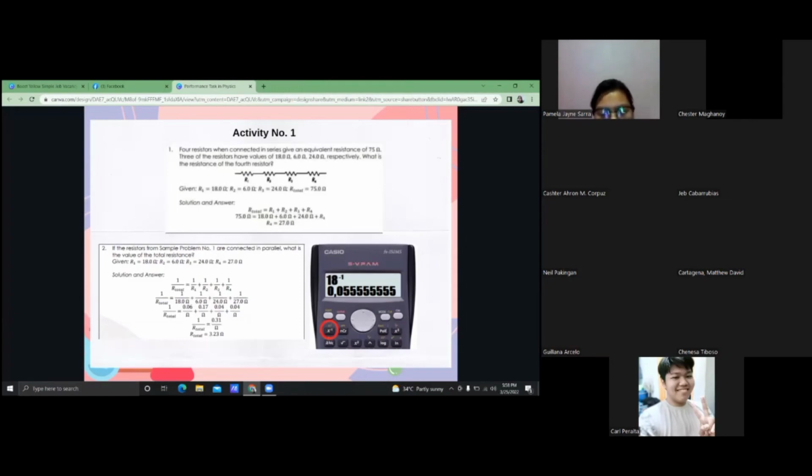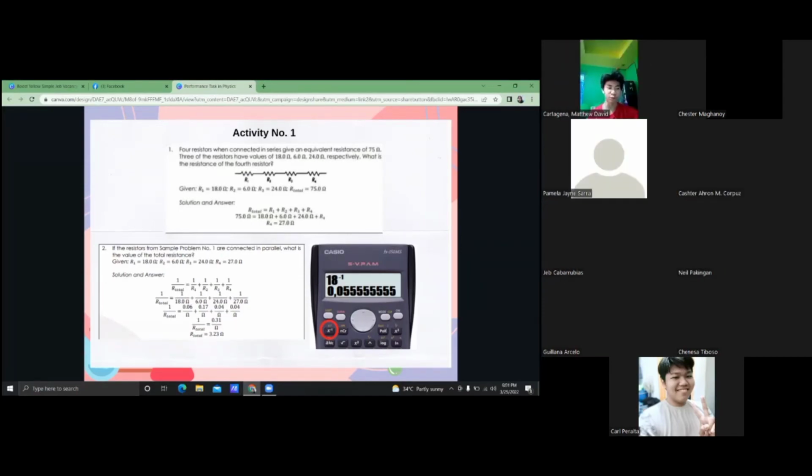Tapos, 75 ohm ang equivalent resistance. Ano daw yung resistance ng pang-apat na resistor? Ang gagawin natin is, i-add lang natin lahat ng given. 18.0 ohm plus 6.0 ohm plus 24.0 ohm is equal to 48, tapos 75.0, our equivalent resistance, minus 48. Kaya ang naging sagot natin is 27.0 ohm.